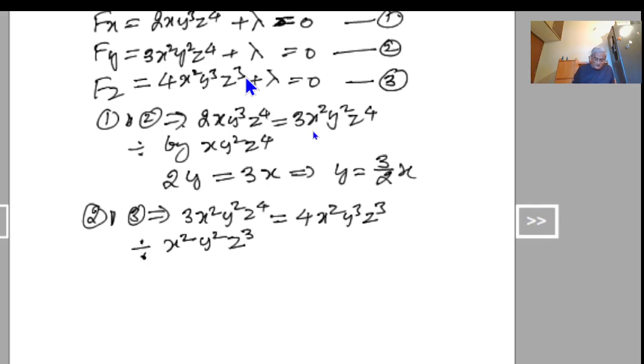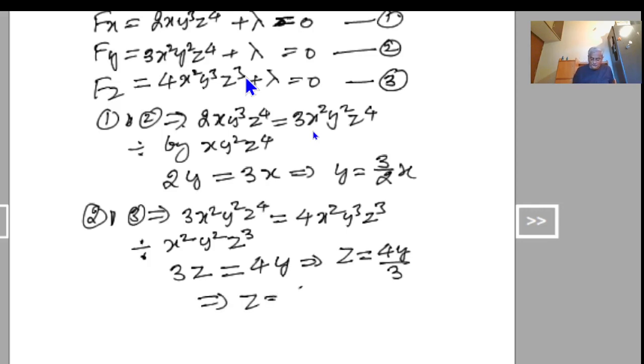Then what happens on the left hand side? 3 remains, x square gets cancelled, y square gets cancelled, 1 z remains on the left hand side equal to, on the right hand side 4 remains, x square gets cancelled, y square gets cancelled, 1 y remains here, and z cube gets cancelled. This implies z is equal to 4y by 3.